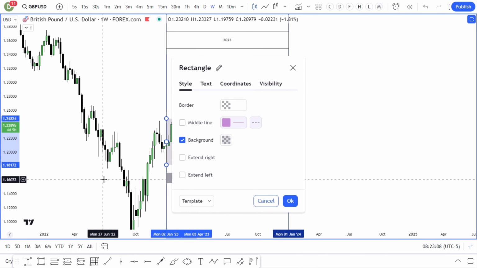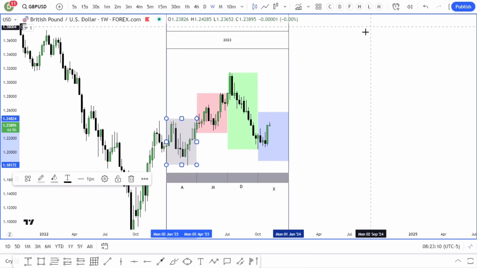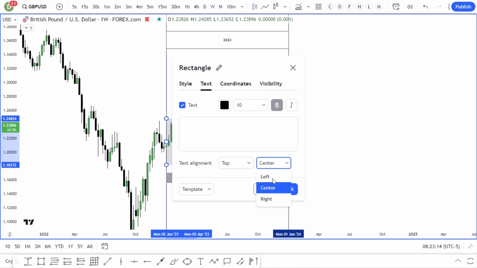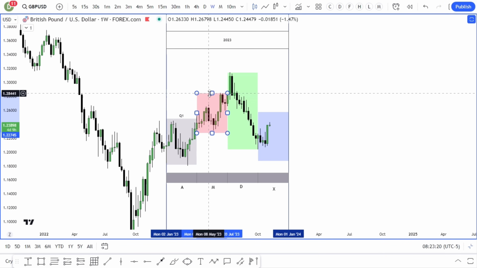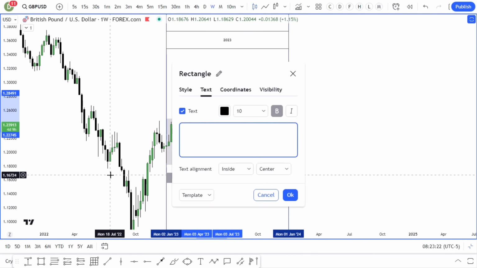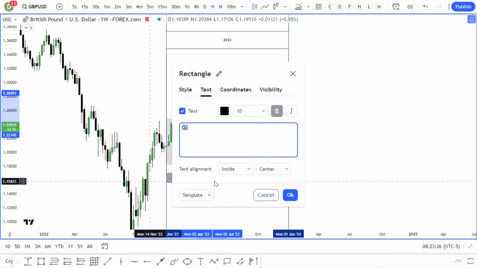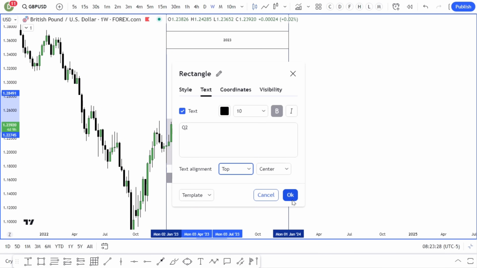Our first one is going to be called Q1. Let's do it like this, at the top, right? We'll say Q1. That's our Q1 range. Q2, we'll place that at the top.